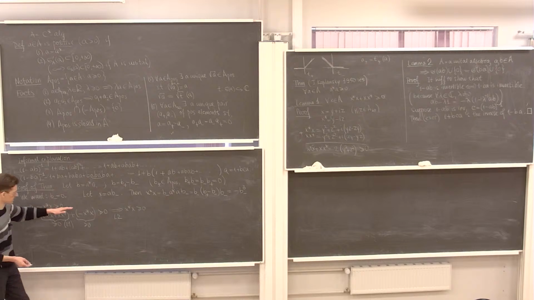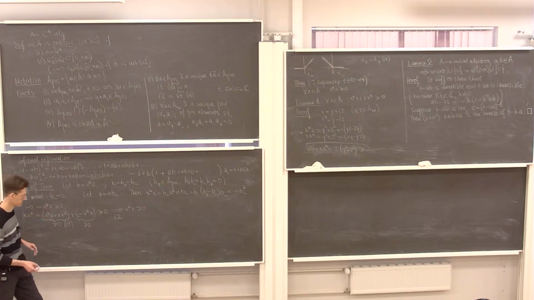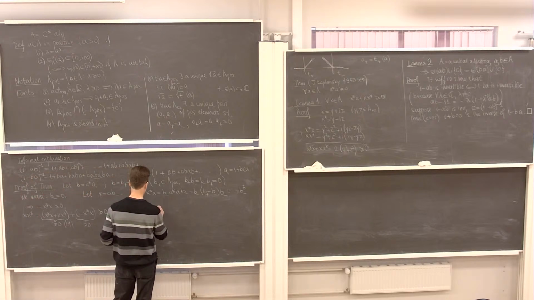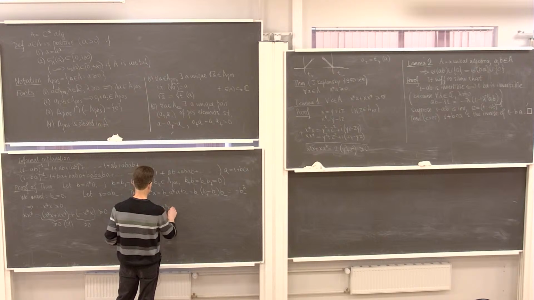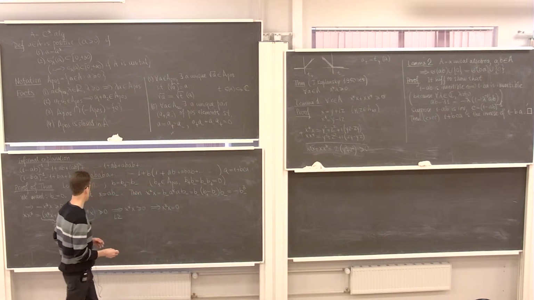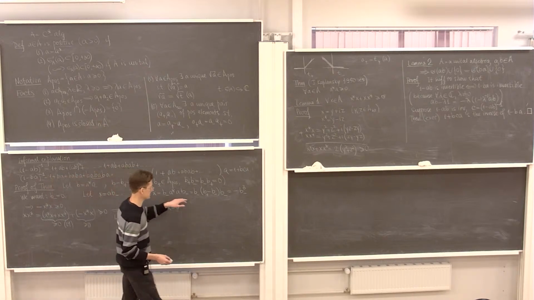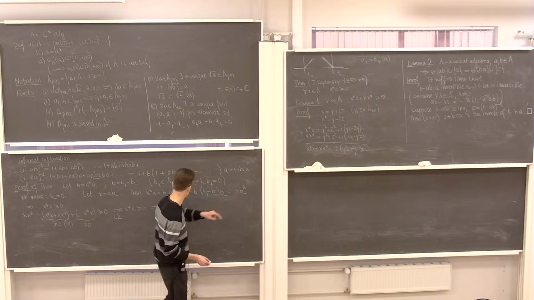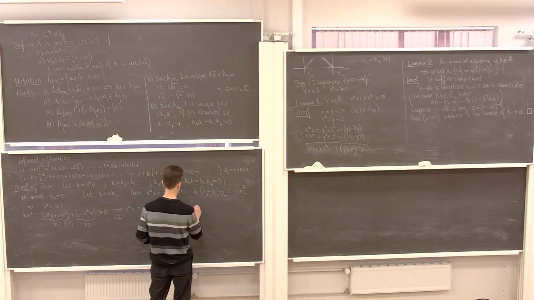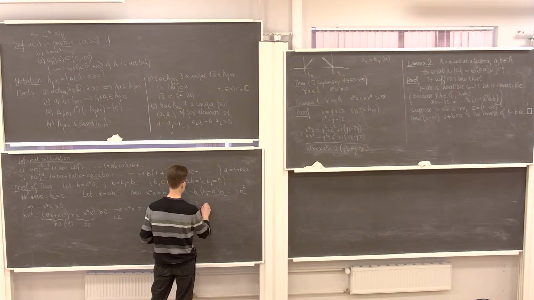So these two elements are both positive. This can happen only if this element is 0. This implies that X star X is 0. But X star X is minus B minus cubed. So we conclude that B minus cubed is 0.